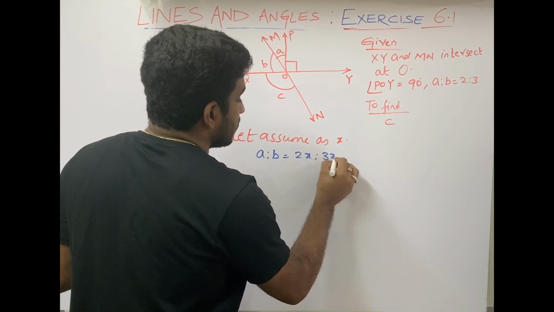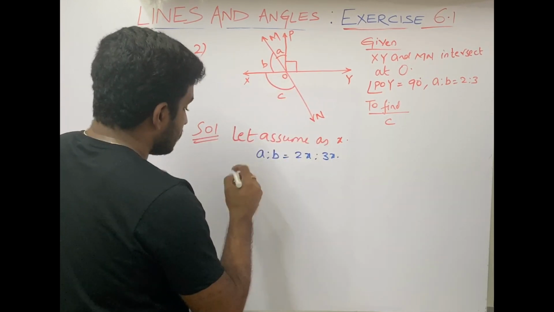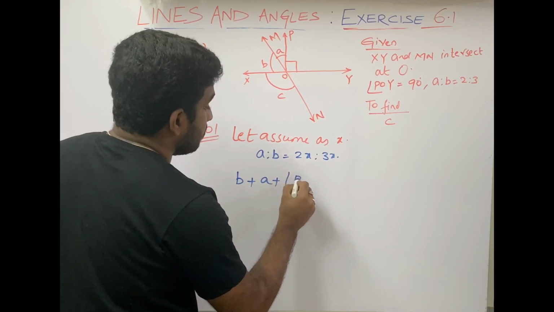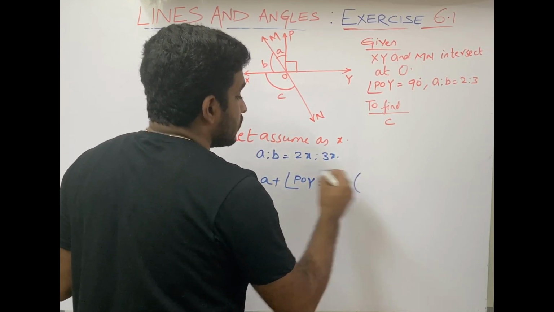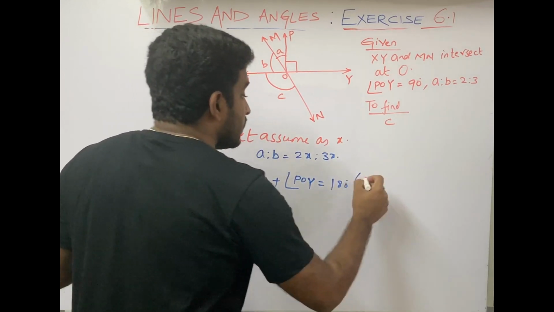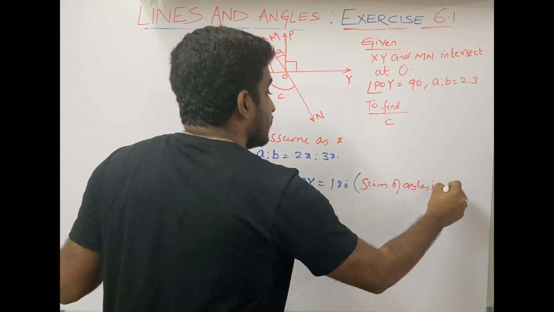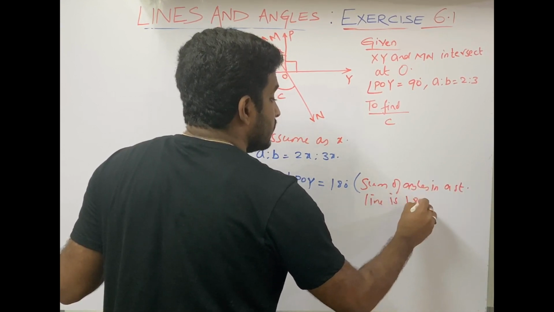2x is to 3x. What we know is angle B plus A plus angle POY equal to 180 degrees. What can be the reason? Sum of angles in a straight line is 180 degrees.